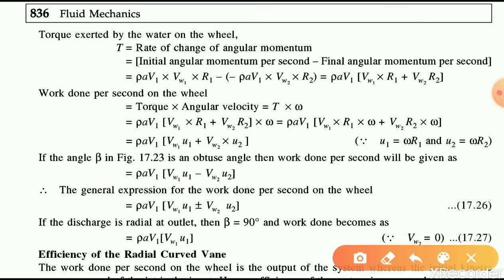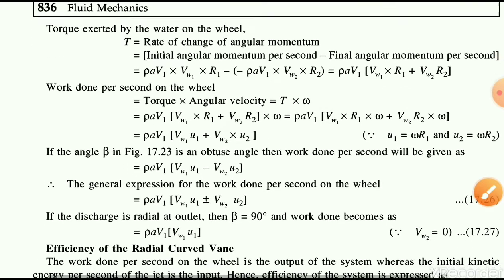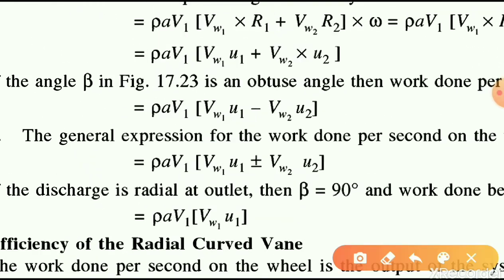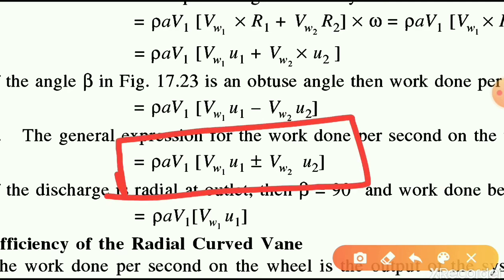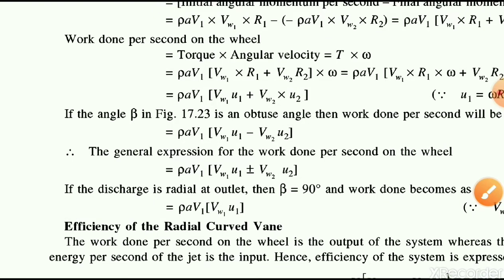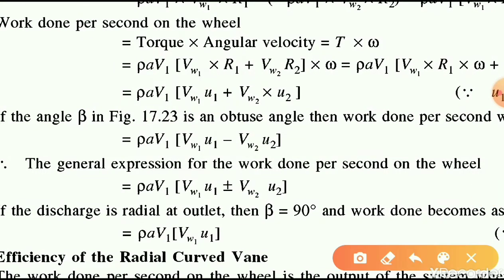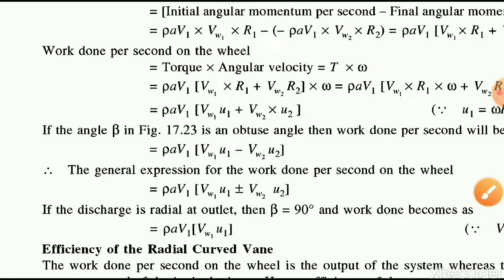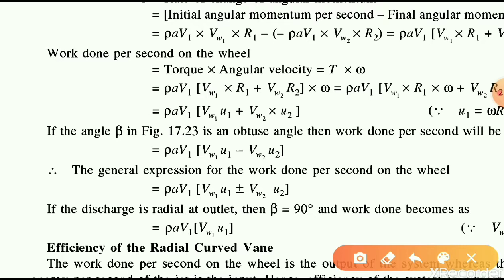Hence, in the generalized form we can write the expression for the work done per second on the wheel as rho a v1 multiplied by (Vw1 u1 plus or minus Vw2 u2). If the discharge is radial at the outlet, radial discharge means the value of beta is 90 degrees. When beta is 90 degrees, the value of Vw2 becomes 0.